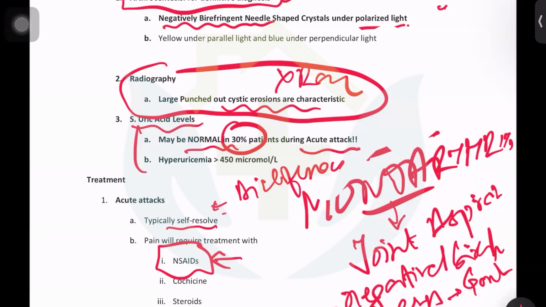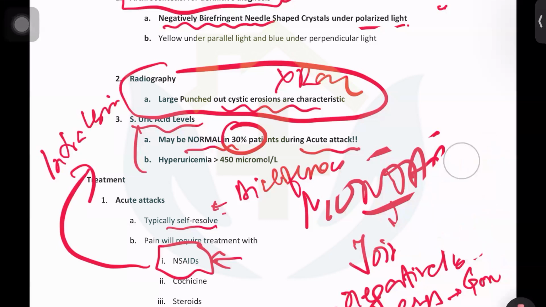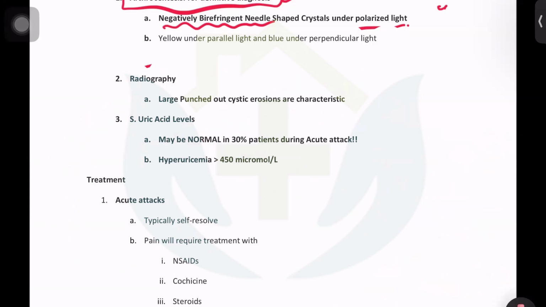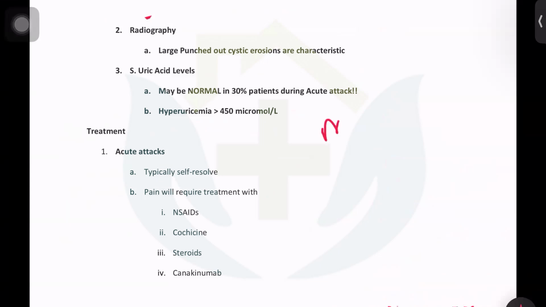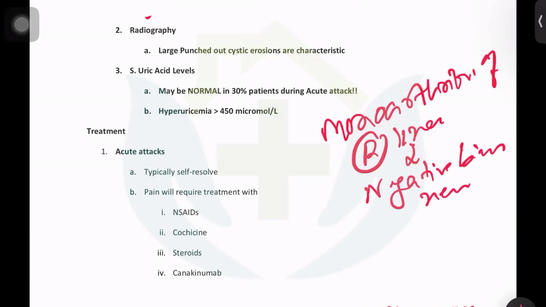And sometimes you might need, along with that, intralesional steroids. There is a question which had come in MRCP, and I'm still so fond of that question. I keep telling everyone. So there is this guy who had come with a monoarthritis of knee joint. Joint aspiration showed negatively birefringent needle crystals, and the patient has acute gout.